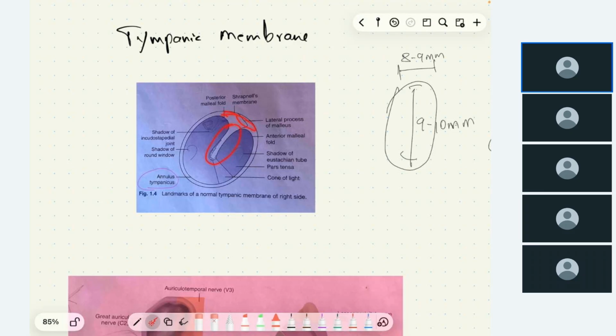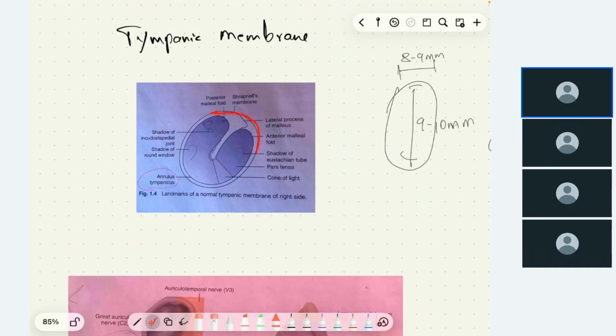Here you can see this is the notch of Rivinus where our annulus tympanicus lies. This is the anterior malleolar fold. This is the posterior malleolar fold. In between these structures, we see pars flaccida. It is not so taut as pars tensa, but may appear slightly pinkish.